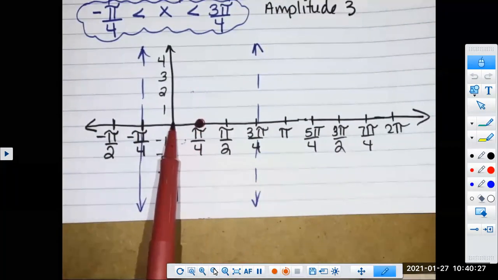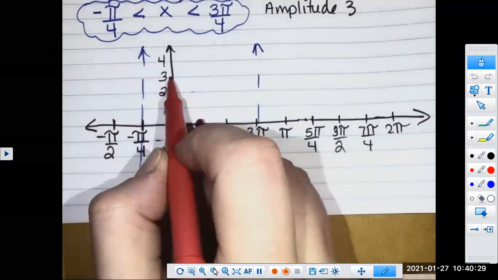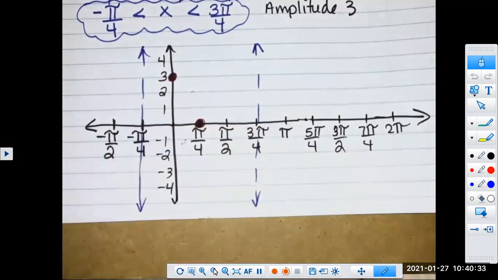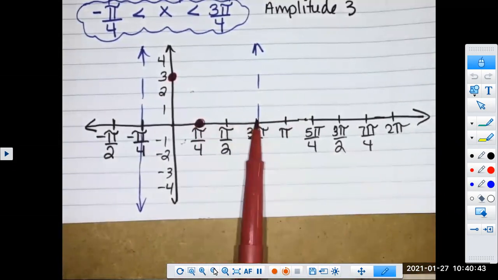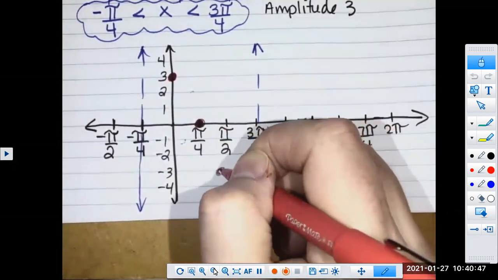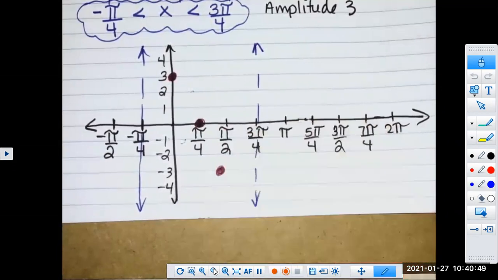And in this case, it's going to be up at your positive amplitude, which was 3. You have a point 3/4 of the way into your period, or halfway between your x-intercept and second asymptote. For cotangent, it's going to be down at your negative amplitude.